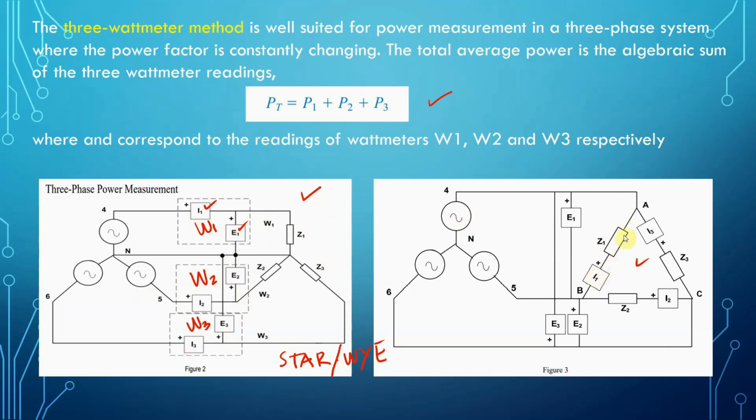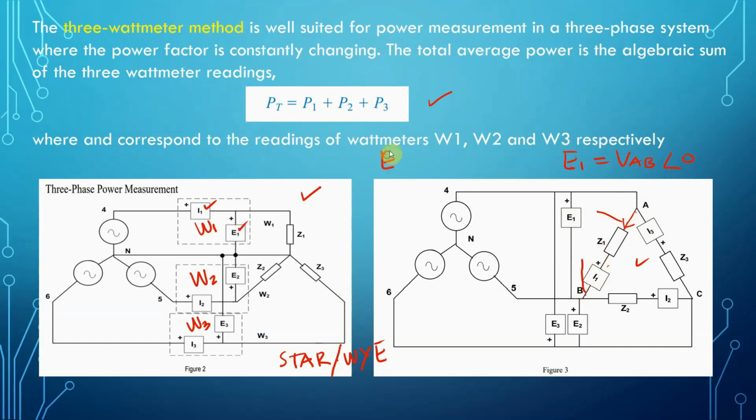As you can see here, the current is being measured, again, the current flowing in the impedance, multiplied by the voltage across this impedance. What is this E1? E1 is the voltage across this terminal, between A and B. E1 will measure the voltage VAB. Of course, if we draw the phasor diagram, it will be angle 0.